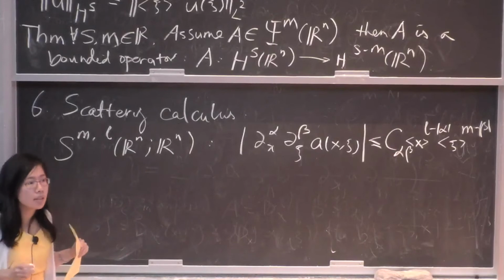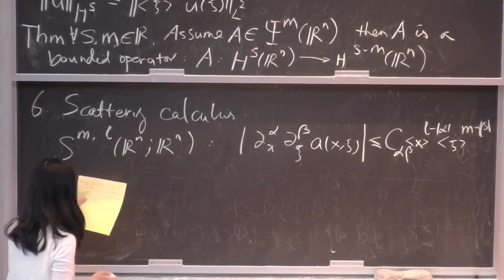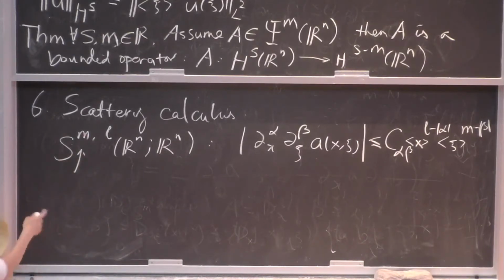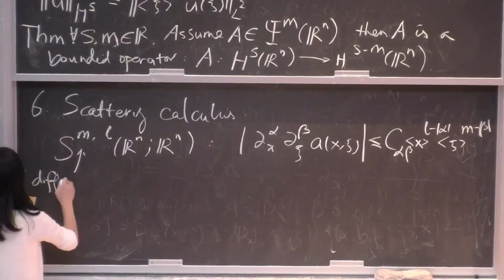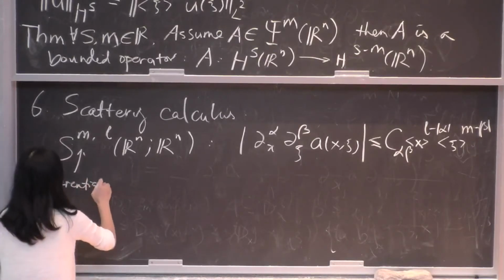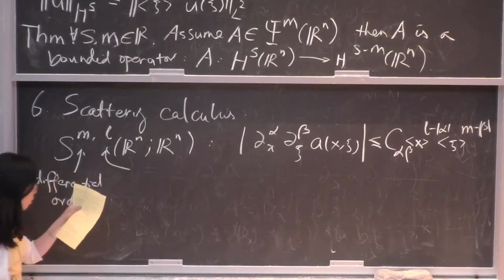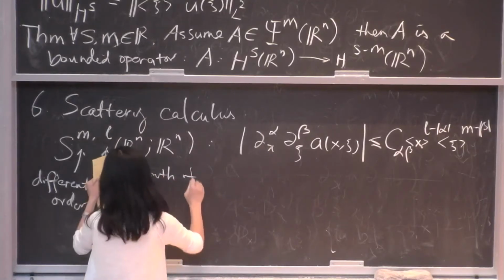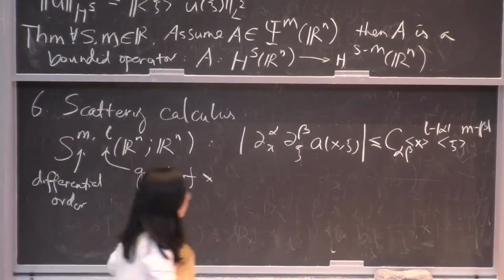That's the difference from the Kohn-Nirenberg symbol class. Here, you can say that this m, the first number, is the usual one, the differential order. And this l is the growth of x in coefficients, you can say, in coefficients of the differentiation.